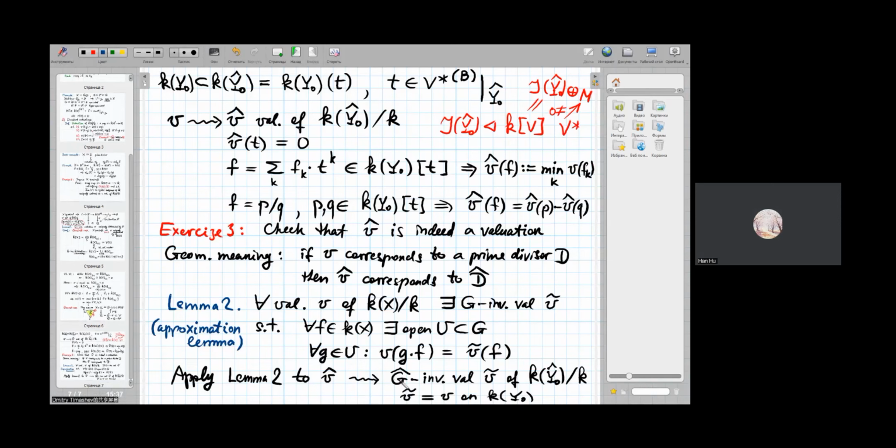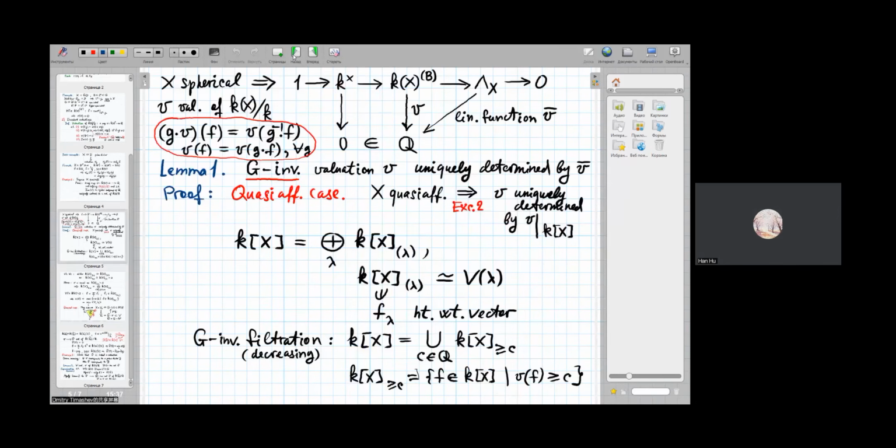No, I mean we have a G invariant valuation. We have a linear function corresponding to this valuation, but we do not know that this valuation is uniquely determined by this linear function. We want to recover the valuation. So lemma 1 is not saying that any linear function corresponds to a G invariant valuation. Of course not. And this is even not true.